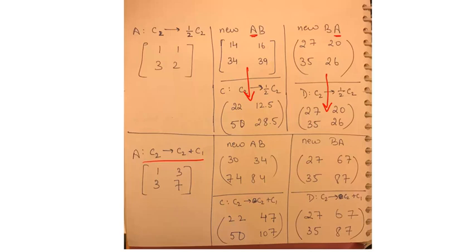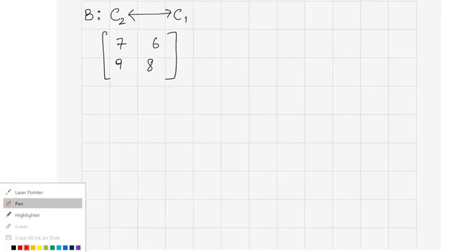Let's apply column transformations to matrix B now. We'll be applying column 1 interchanged with column 2, which changes B to 7, 6, 9, 8.